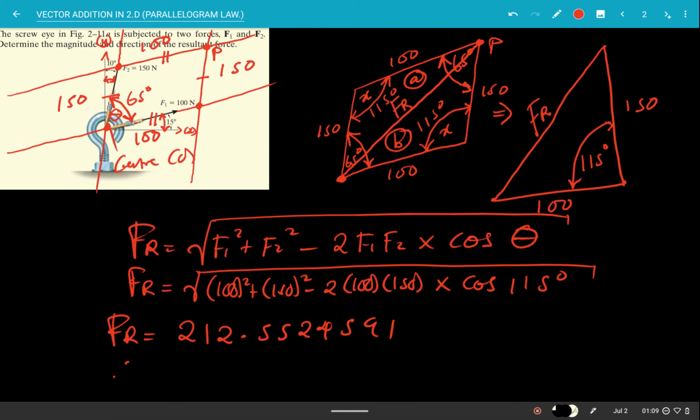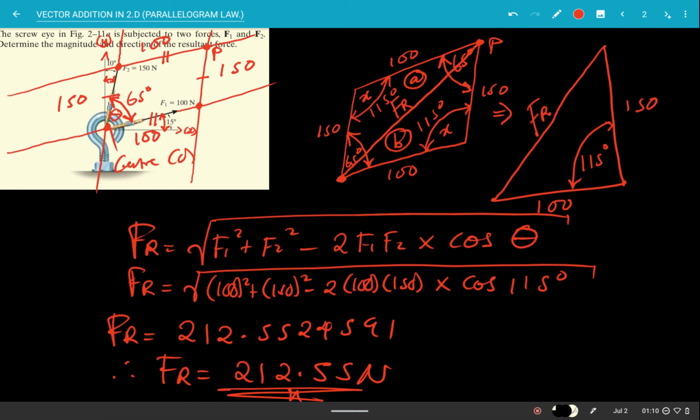So therefore my force resultant is equal to 212.55. Now look at the components of F1 and F2. The components are in what? Newtons. So even your resultant has to be in what? Newtons, like that. So that's our force resultant that we found.